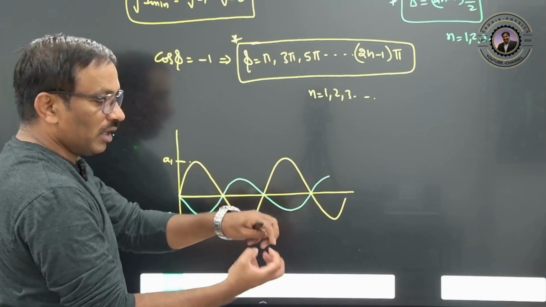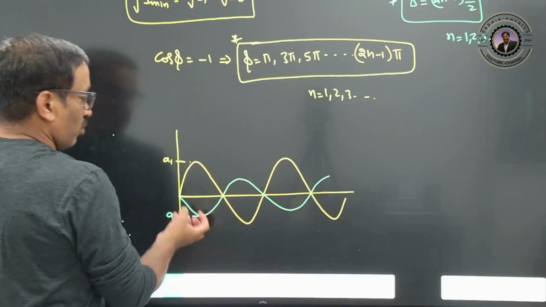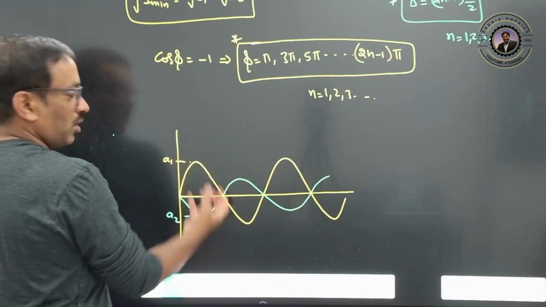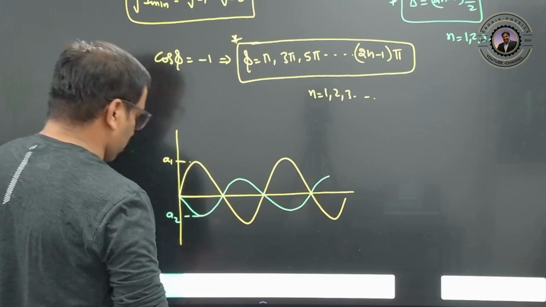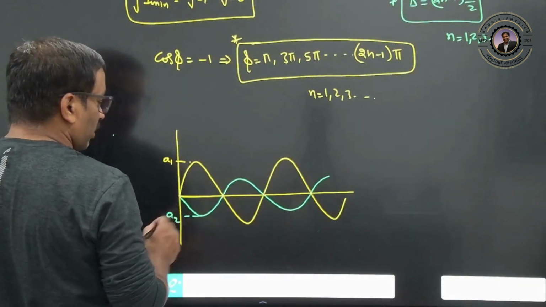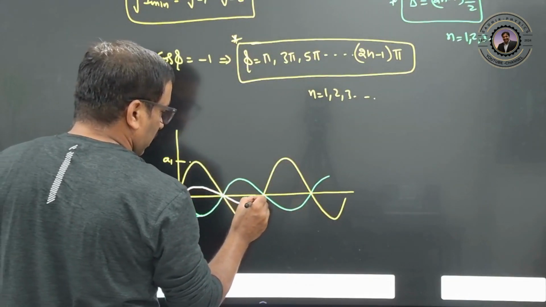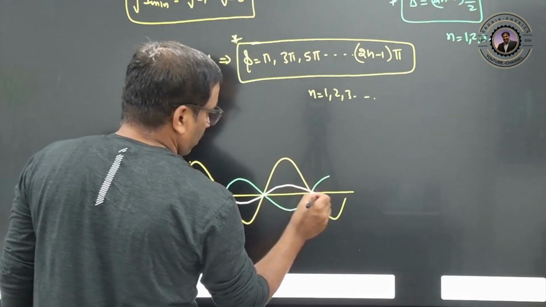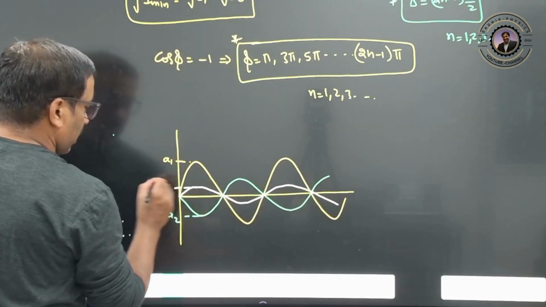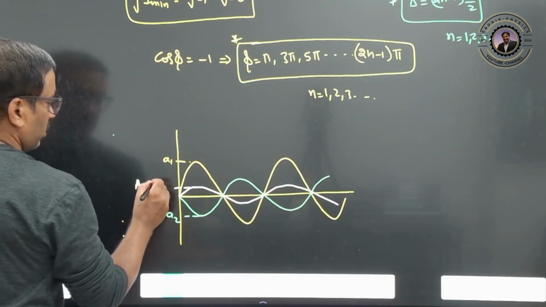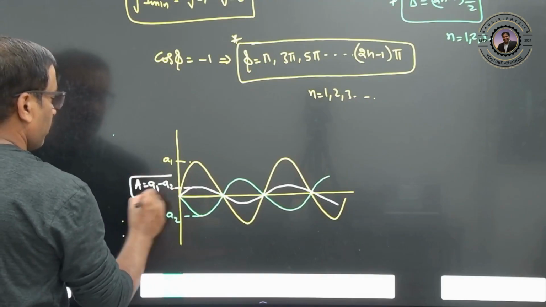So the other wave is not allowing it to oscillate more, it is pulling it down. Therefore the amplitude decreases here, so the amplitude will be lesser, and it will be A equals A1 minus A2.